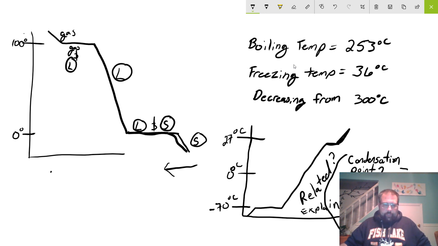So it's all about direction, whether we're talking about a boiling point or a condensation point, or a freezing point or a melting point. So make sure you understand that these are related to each other. It's all about direction. Make sure you put that in your notes if you haven't already, all about this graph. Make sure you understand these things.